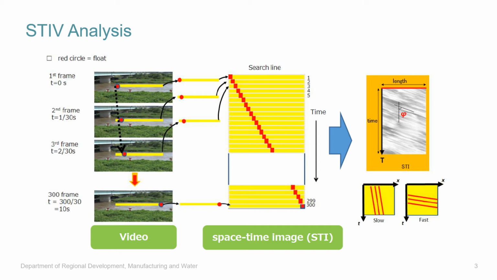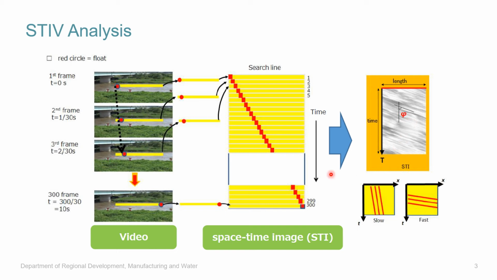track or place the changes in color intensity as tracer particles and wave structure move along the analysis search line, and as it does that with space and time, it creates a diagonal pattern like this, and the angle of that pattern then constitutes the actual velocity.